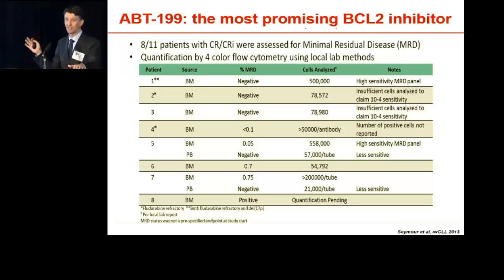One has to say that the data are still quite preliminary, and only 8 cases were studied for MRD, and only one was studied with high sensitivity techniques that can reach a threshold below 10 to the minus 4, and this one is the only real negative patient with negativity for minimal residual disease, but still it shows that, though anecdotally, monotherapy with a non-chemotherapy agent can reach MRD negative status.